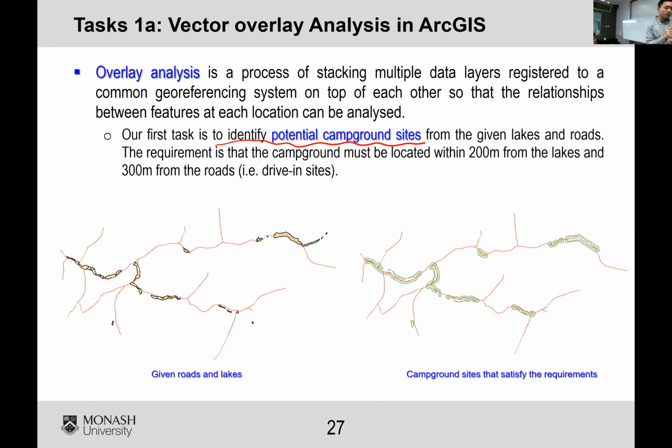Here you're going to create an area that is within 200 meters from the lake and 300 meters from the road. So that's two buffers. And you'll be using the different vector overlay tools like intersect or erase to find the exact areas where you can build a campsite. Again, here you want to exclude the lakes, okay?